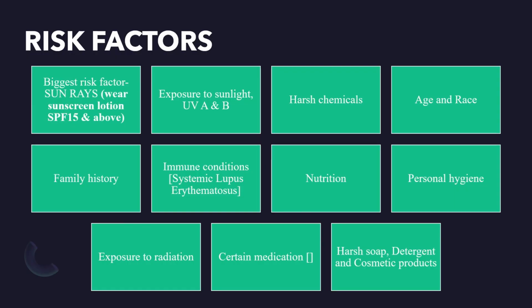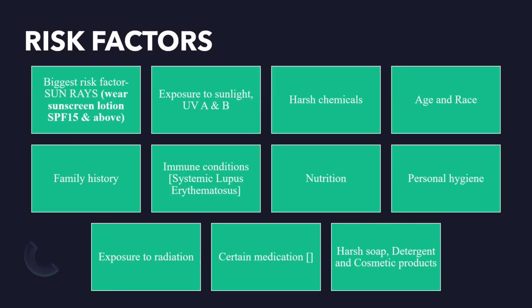The risk factors that can cause skin or integumentary problems are: the first and biggest risk factor is the sun rays. So we need to wear sunscreen lotion, SPF 15 and above, to protect ourselves from sun rays. Second is the different kinds of sunlight rays, UVA and UVB.